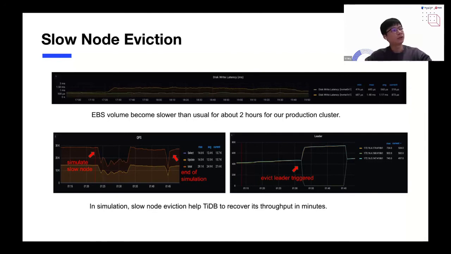We also did some benchmarks against, for example, Google Cloud GCP and also the cloud provided by Azure, and we see that AWS EBS actually provides the best performance.